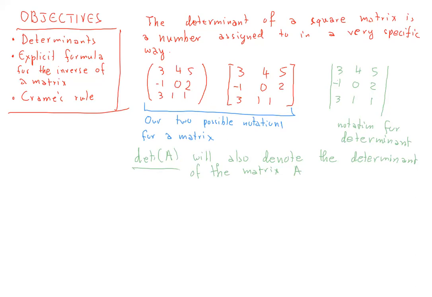Okay. So what is the determinant that you all know? And what we're going to do today is going to be a great generalization. You've all seen this determinant, the 2x2 determinant, right?